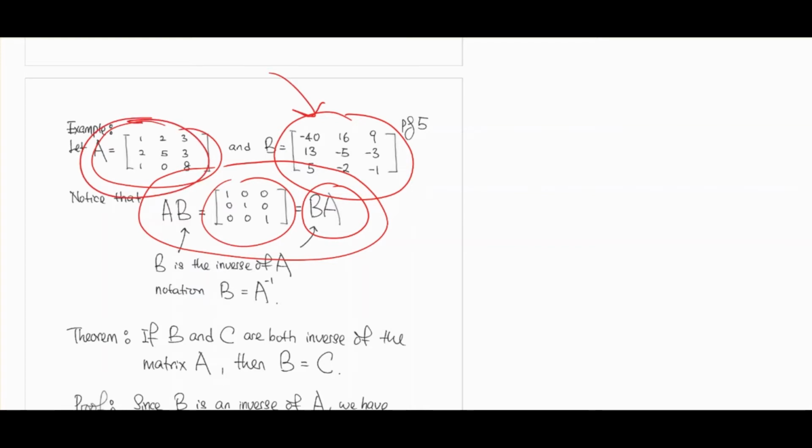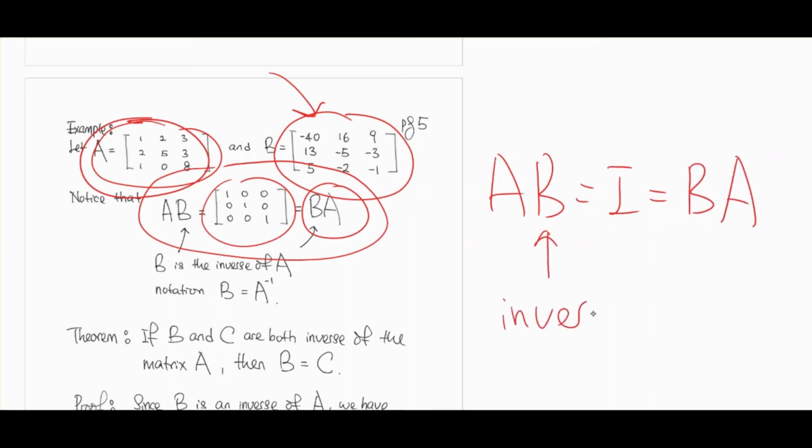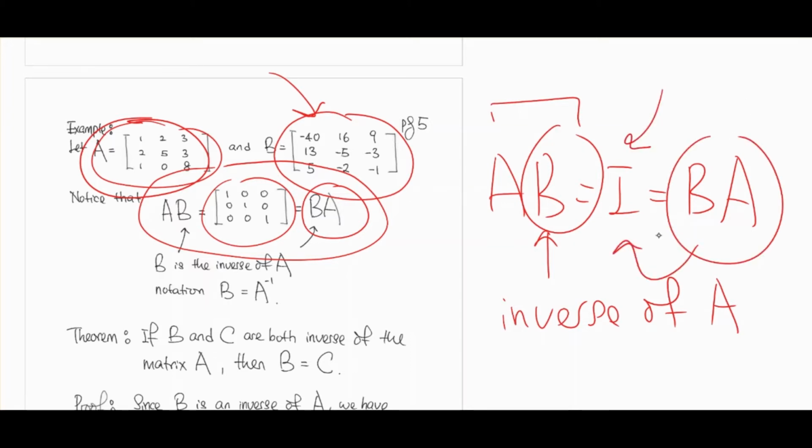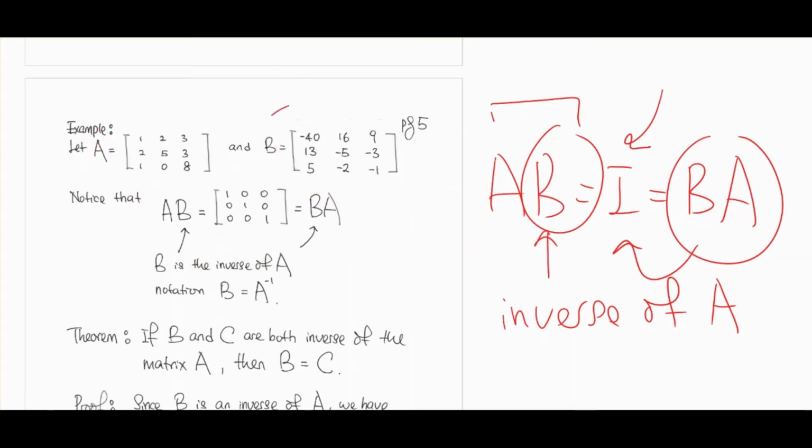So we have AB equals I equals BA. So this matrix B here is the inverse of A. We don't know how to obtain that, but apparently if we just do this computation, we realize that's I, and we do this computation, we realize that's I. So by definitions, this matrix B right here is the inverse of this matrix A.